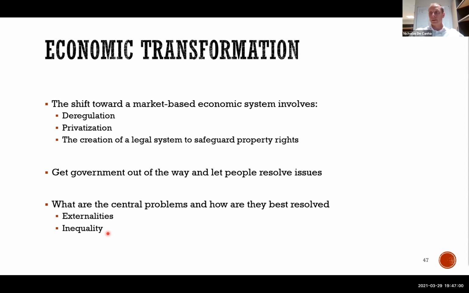And inequality. Inequality is much, much bigger between countries than it is inside a country. If you go back to 1850, the median person in the richest country in the world was around 16 times more wealthy than the poorest country in the world.